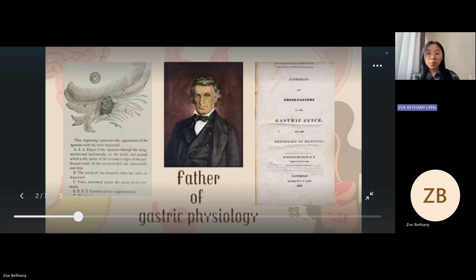Throughout his experiments, Beaumont demonstrated that digestion is chemical, not just mechanical, highlighting the role of gastric juice, temperature, emotions, and the food consumed. His work laid a very strong foundation for modern gastrointestinal physiology, and it continues to influence medical understanding today.